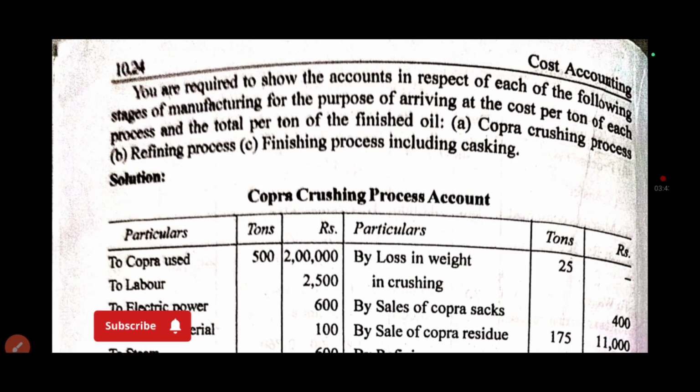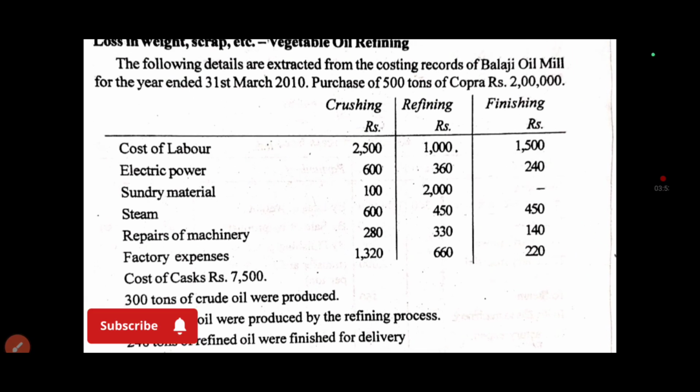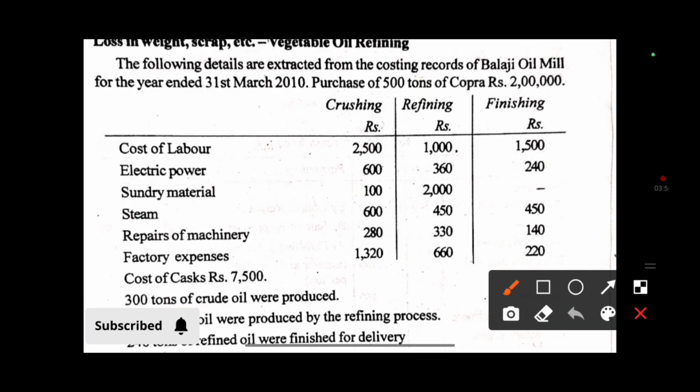Okay, let's start the first process, that is the copra crushing process account. We always start with the input unit. What is the input unit for Biology Oil Mill? 500 tons of copra. Biology Oil Mill purchases 500 tons of copra, meaning coconut copra.